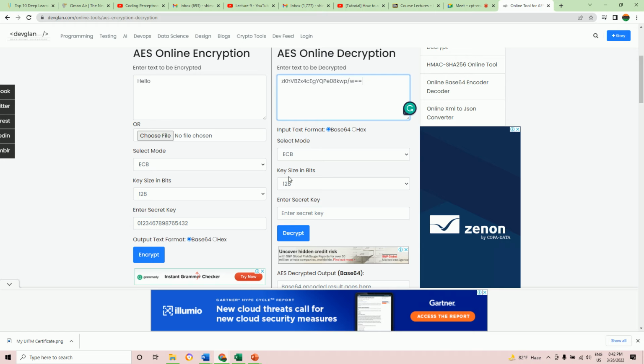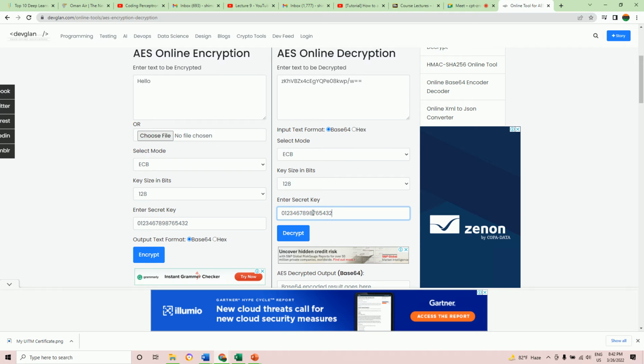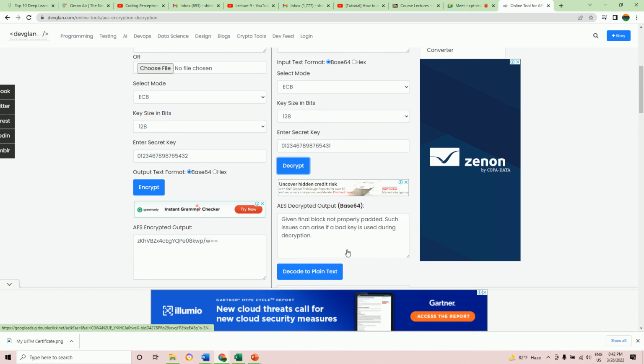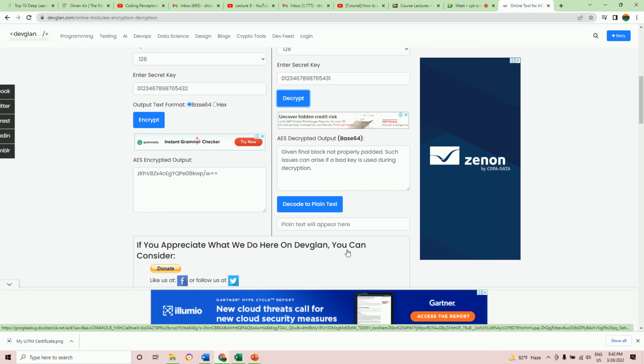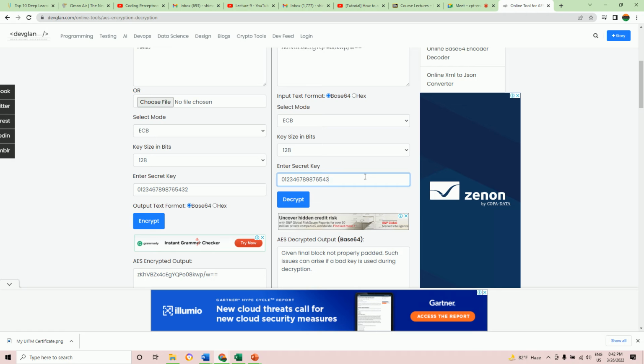So this is the cipher text. Now let me try to decrypt. It is telling me it cannot decrypt because it needs the key. Let me give some other key. I copy the key and I change the key. It is not working properly. Now let me put the same key.